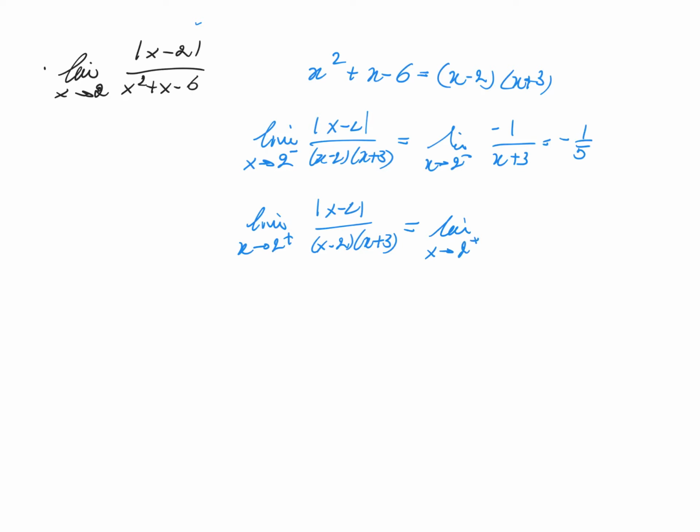The absolute value of x minus 2 over x minus 2 will be plus 1, because x minus 2 is positive in this case, divided by x plus 3, or plus 1 divided by 5. And also here we see left limit is not equal to the right limit, and so there is no limit. The left limit is equal to minus 1 over 5. You have a right limit, which is equal to 1 over 5, but you do not have a limit.